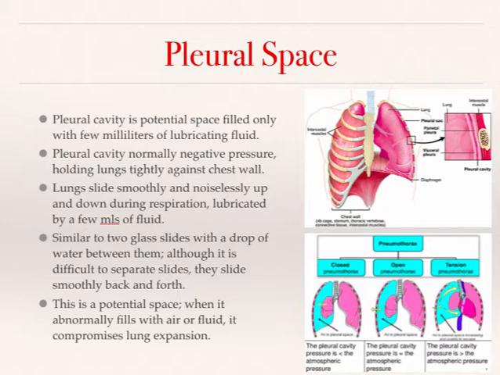So just so you have a greater understanding of what the pleural space is, I have some images down here. You don't need to know closed, open, tension; I'm just trying to give you an example. There's negative pressure in there, and that's what's holding your lungs up against the chest wall. So when there's any trauma to the chest wall or opening into that pleural space, it disrupts this pressure.